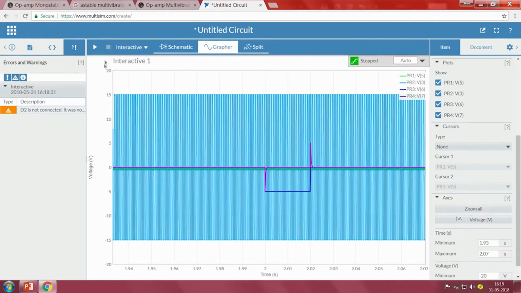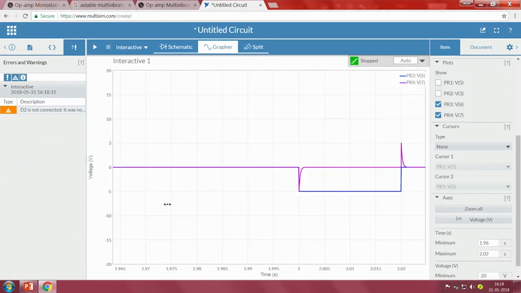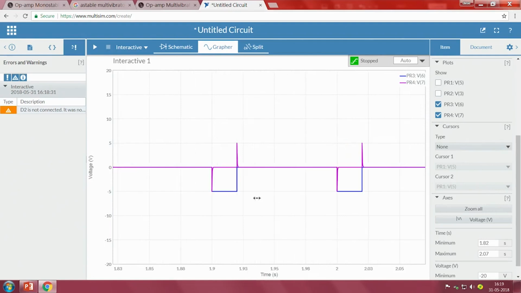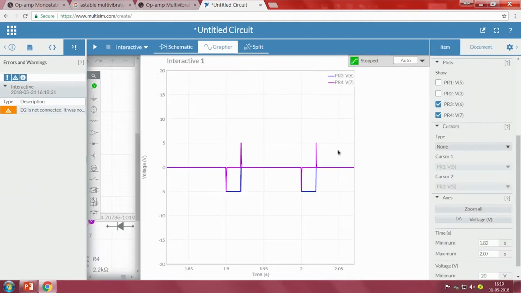So, observe here. I do not need the other two, so I will make the other two 0. When we observe, PR4 is input, right. So, the blue color is input and the pink color is output.